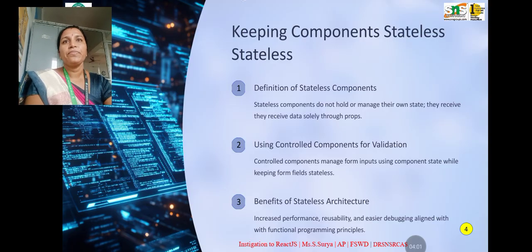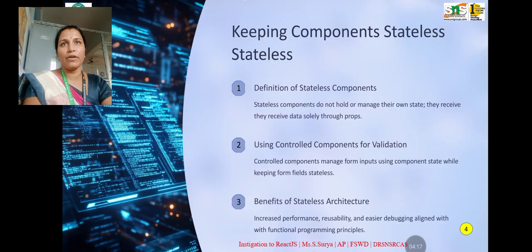So next thing, we are going to see about form libraries. Form libraries replace manual validation. They come as libraries like Formik, React Hook Form, and Yup, which simplify validation. We are going to see the function MyForm.